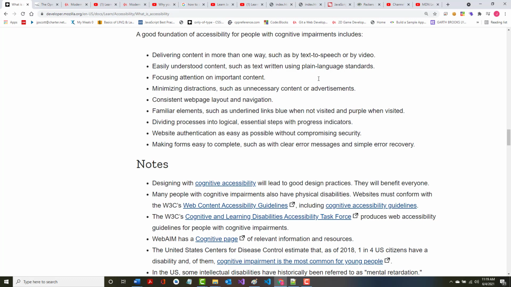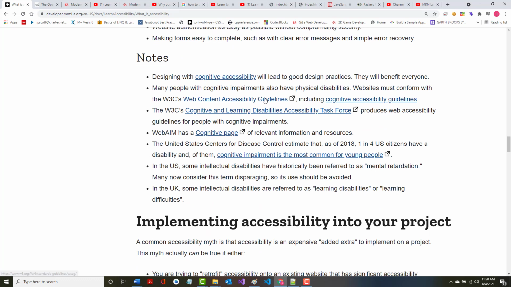If it's physical in nature, you want to be able to let them work around it. And that's what they're talking about. Most of the stuff that's in here, focusing attention on important content, consistent web page layout and navigation, makes it easier for everyone. And the author talked about that earlier as well. So here's some notes on that if you want to see some more.